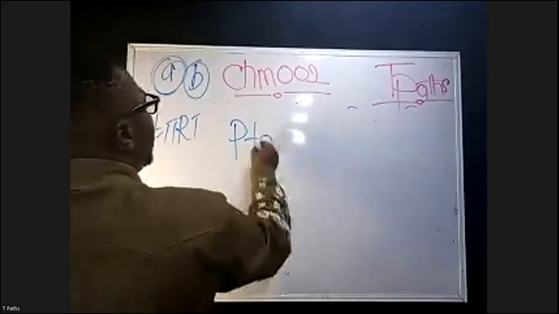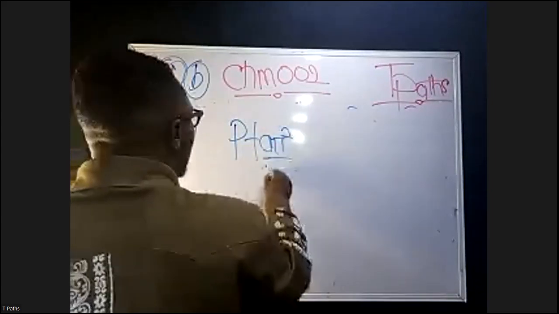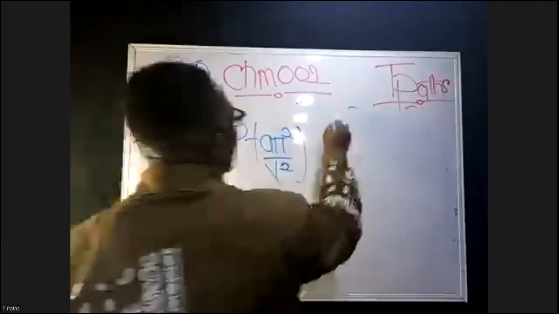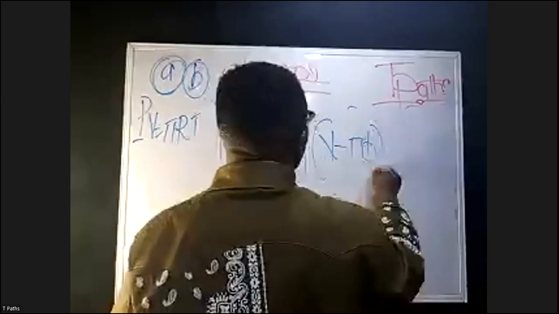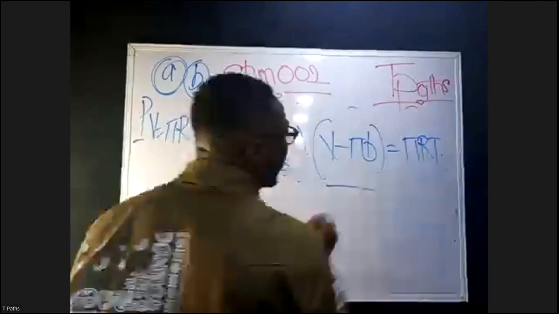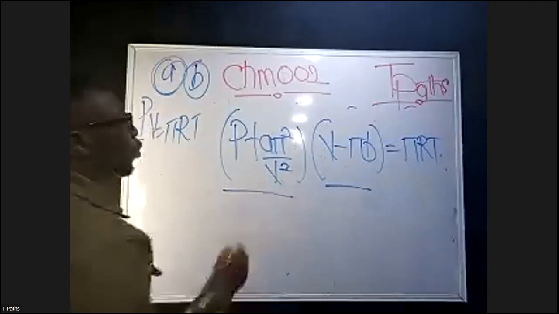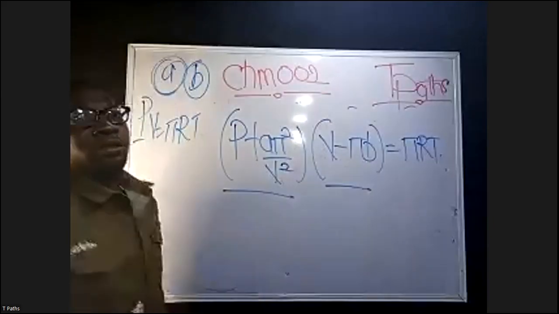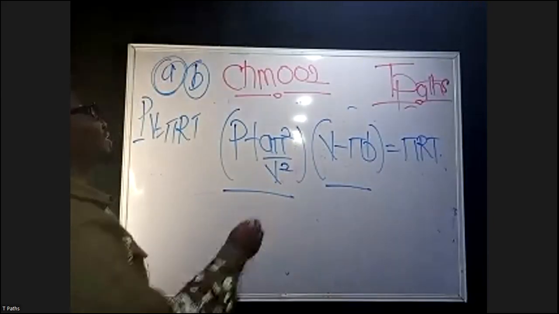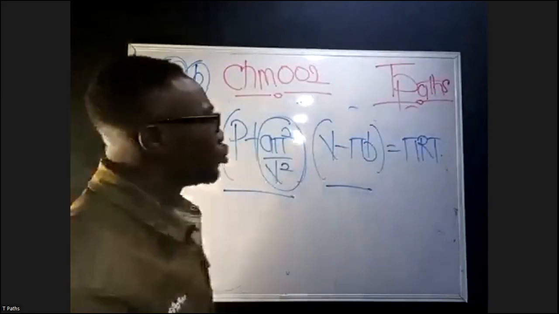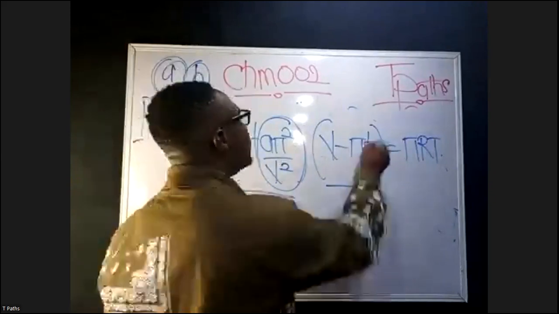For this, he did P plus a n squared over V squared, times V minus nb, equals nRT. So this accounted for the volume change, and this accounted for the pressure. We said that the gas exerts no attractive or repulsive force, so this is correcting it. The term correcting the pressure is a n squared over V squared. What is correcting the volume here? nb.